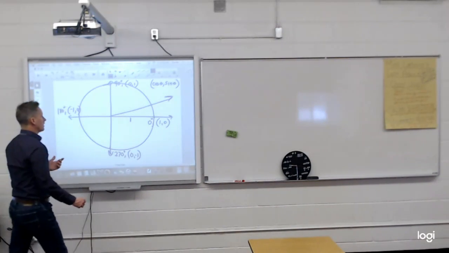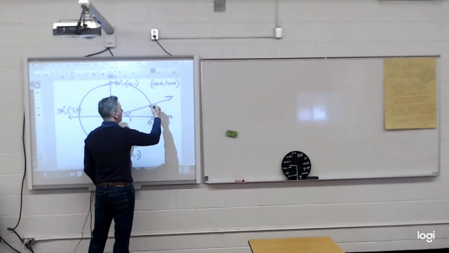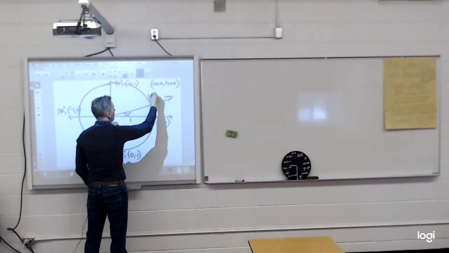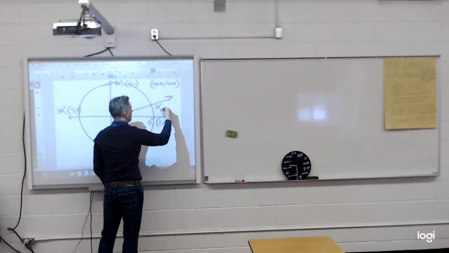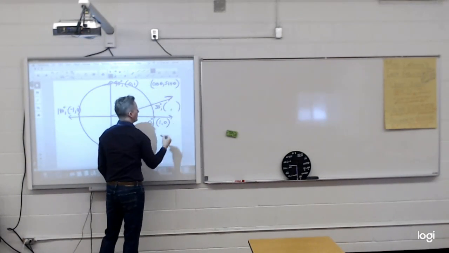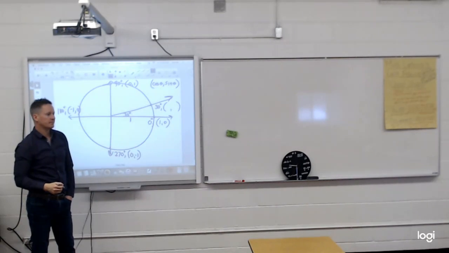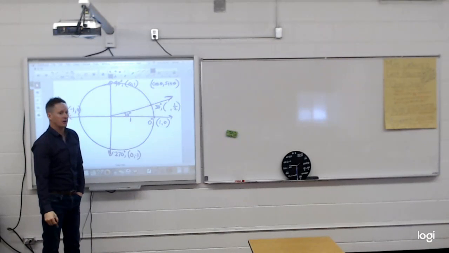Okay, so I'm going to look quickly at 30 degrees. This is 30 degrees, and I want the ratio for 30 degrees. Well, what did we say the sine of 30 degrees was? 1/2. That's the ratio.